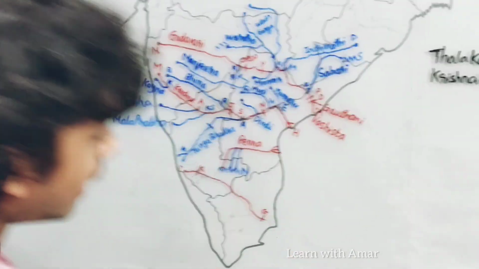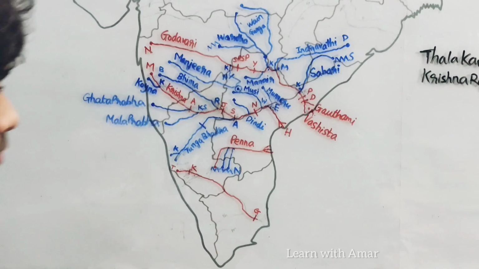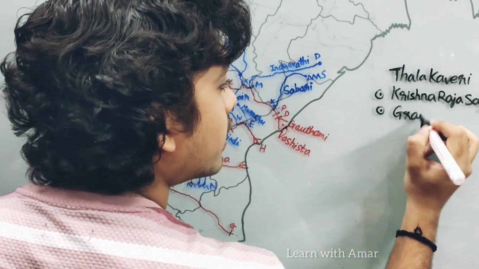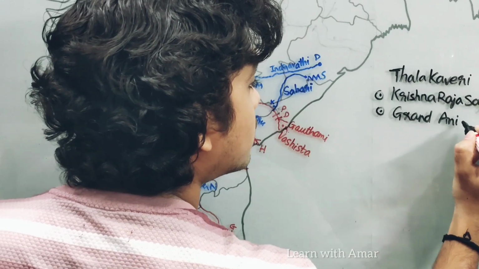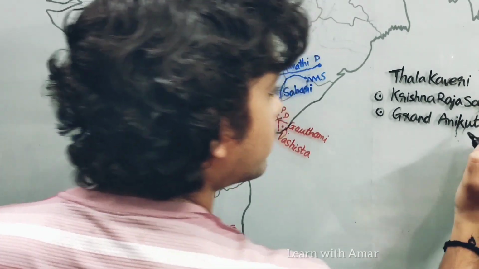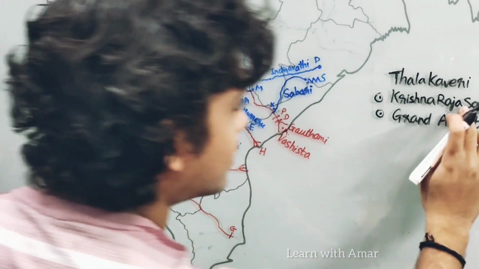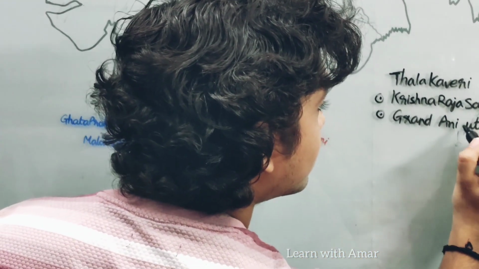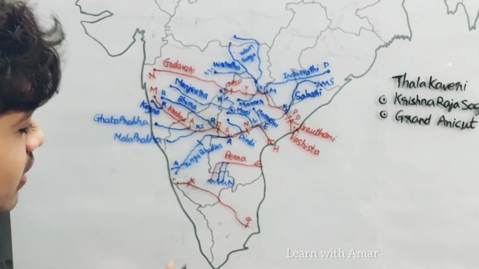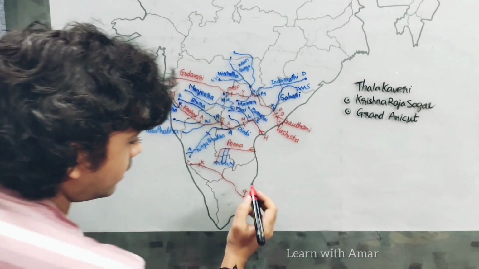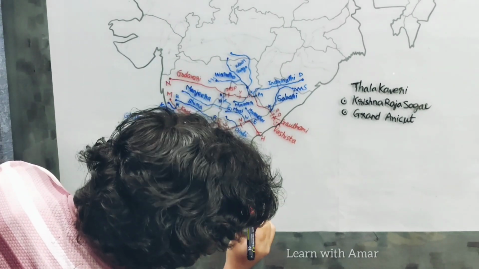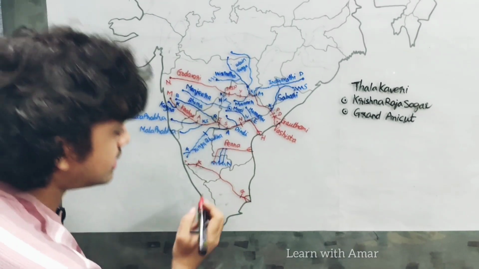This is the Grand Anaikut Dam. Is it a K or is it a C? It's a C, right? So it's the Grand Anaicut Dam, and it empties into the Bay of Bengal like this. Okay, so this is Kaveri.